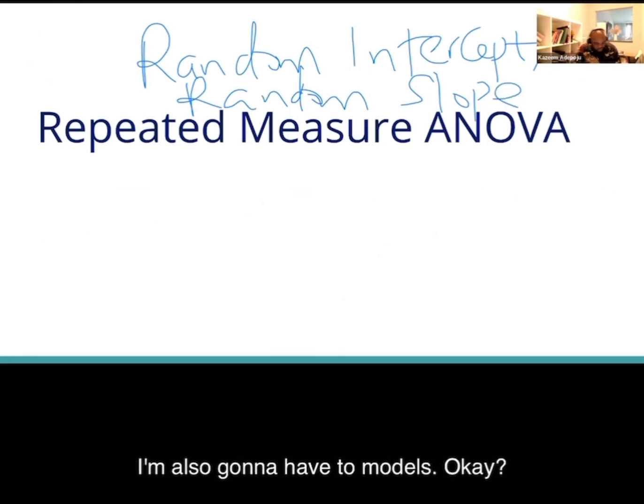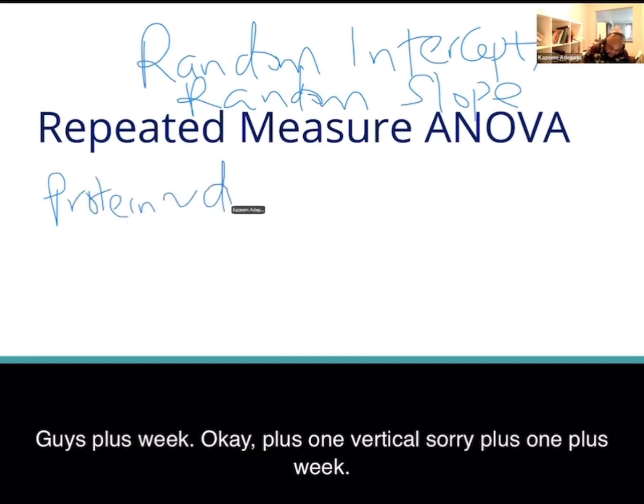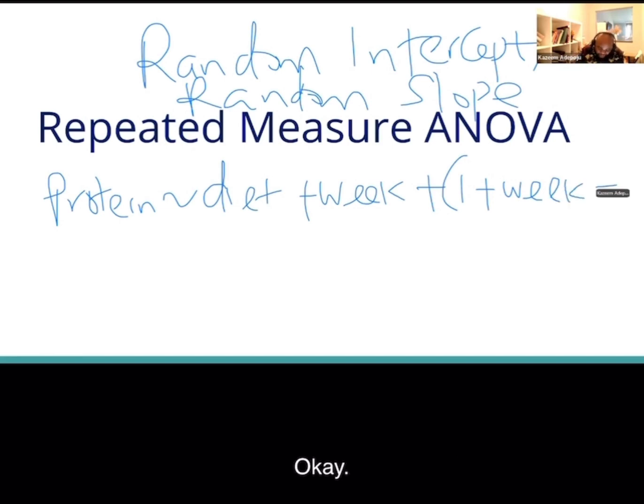Protein on diet plus week, plus 1 plus week, and cow.